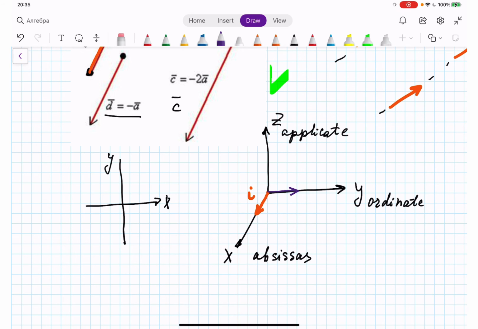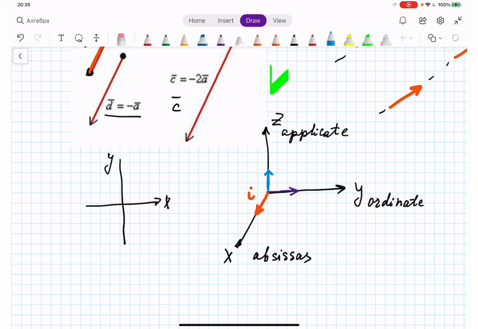And the unit vector along the z axis we call k. Since those are unit vectors, their lengths are 1.